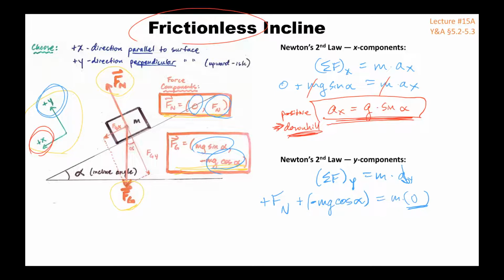No displacement, no velocity over time, and therefore no acceleration either. So the fact that the object stays on the ramp means that the y component of acceleration must be 0. And what we learned from this is that the normal force turns out to be equal to mg cosine alpha.